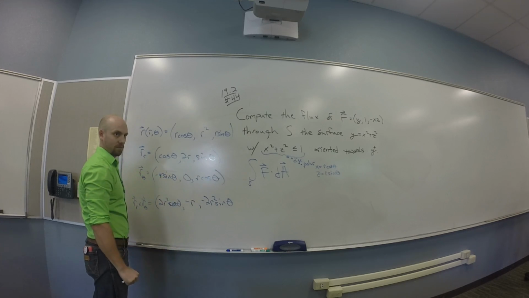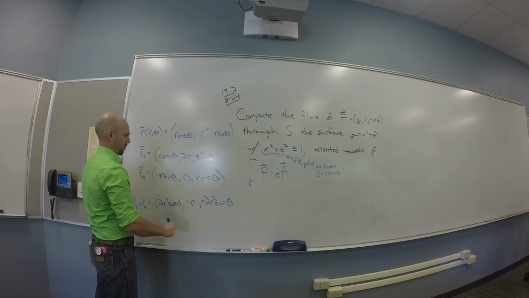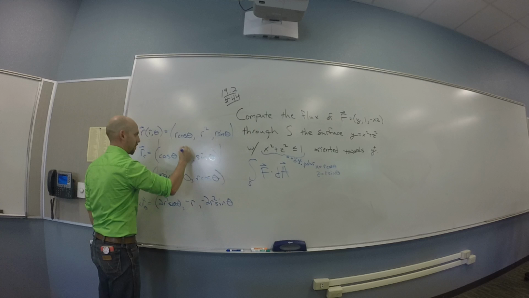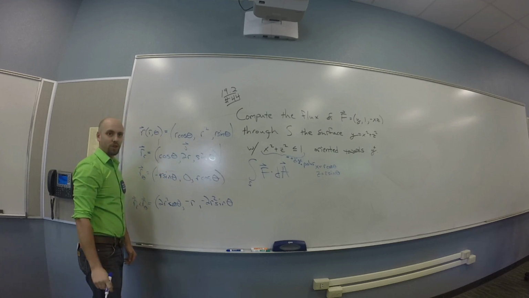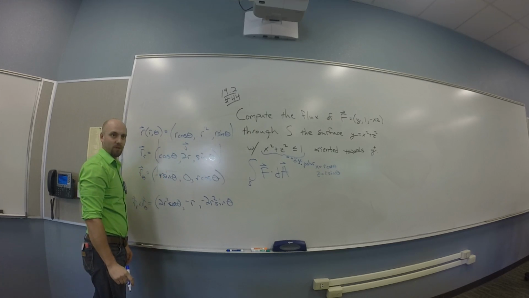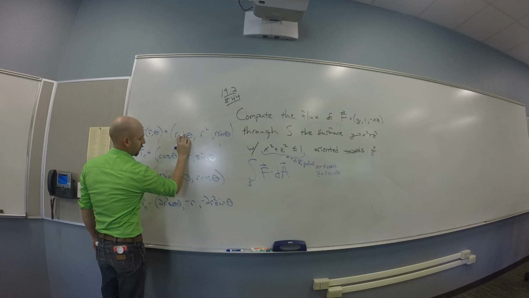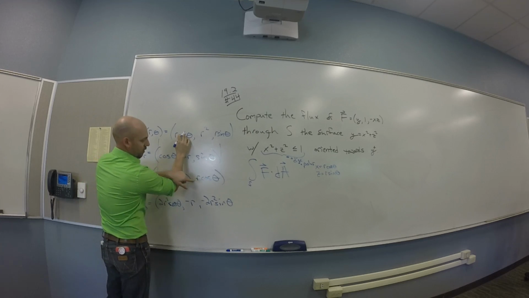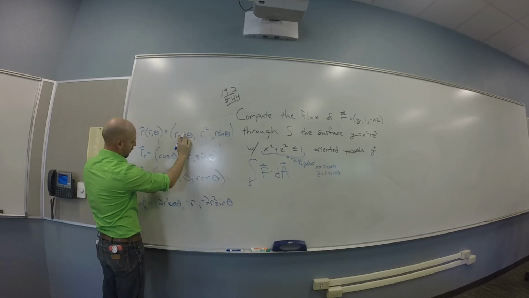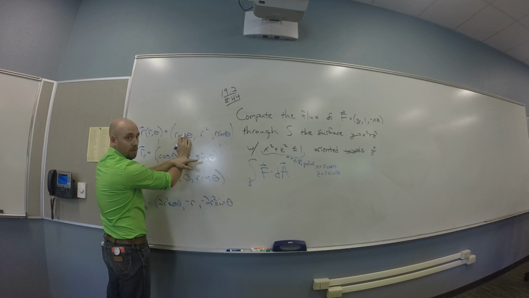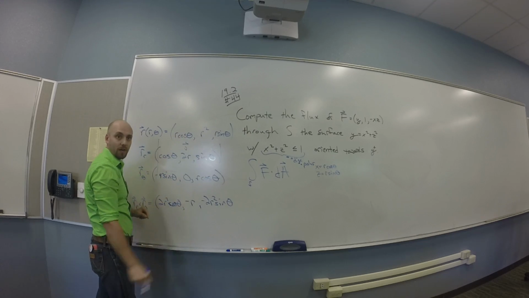Yeah, right, the first cross is 0. You're doing your j component, right? You're doing cosine times r cosine is r cosine squared, minus negative r sine squared. I switched my x's and z's and then put a subtract on it.